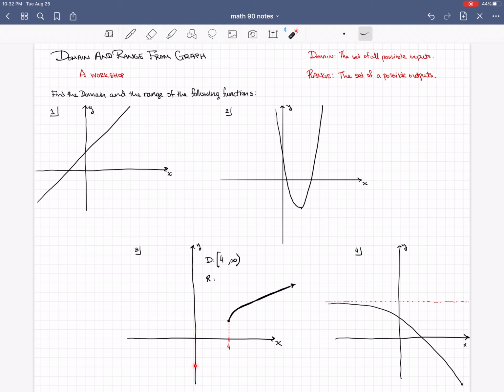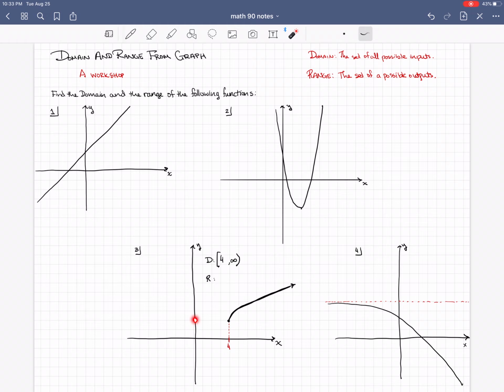If I pick any of these y-coordinates and I look side to side, there is no point on the graph with that y-coordinate. It is not until I get here that I finally see a point with that y-coordinate. There it is. So much like the domain started at 4, the range doesn't start until 2.